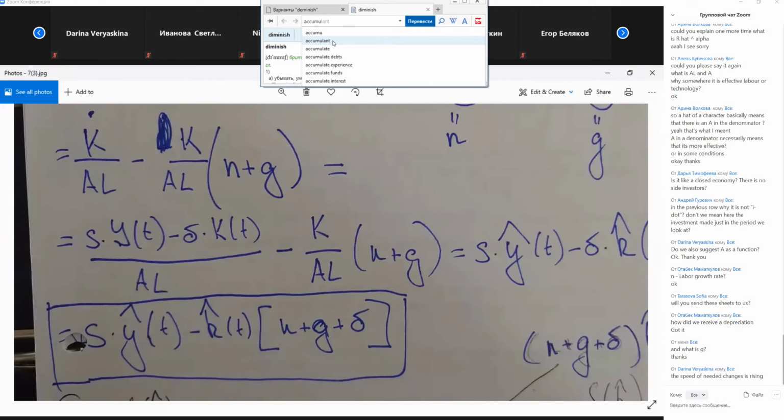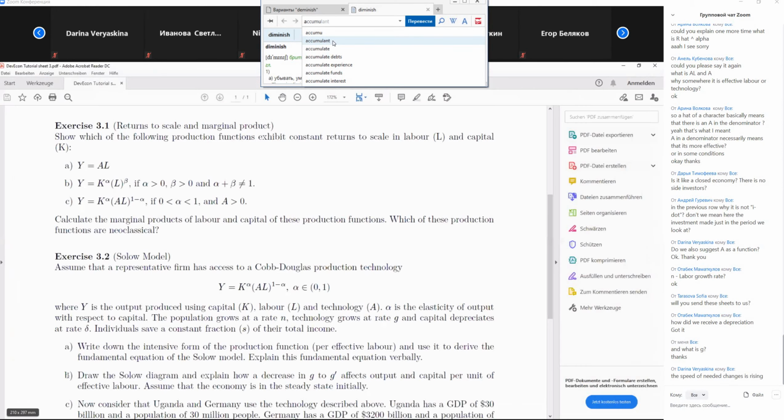Now we go to task B of the task sheet. We have to draw the Solow diagram and see what happens to the output and capital per unit of effective labor. We need to assume that we're in the steady state. So, who remembers what the steady state is?